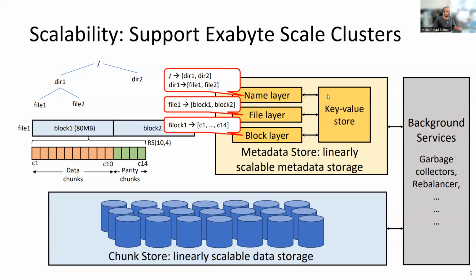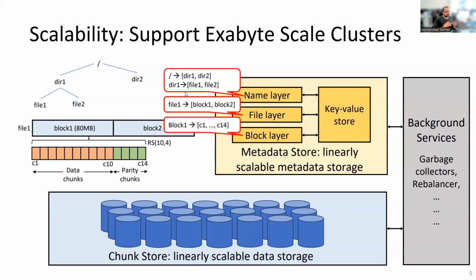And the name layer, by some hashing key value, can directly access that particular directory. And then inside the directory there are a lot of files. Again, with the hashing key value, the particular file is tracked. After that, each file will have a lot of blocks. Again, with the key value, the particular block can be accessed. And again, there could be multiple chunks inside a block, which can be accessed like this.